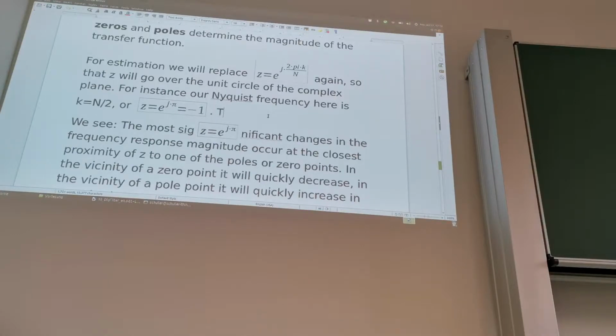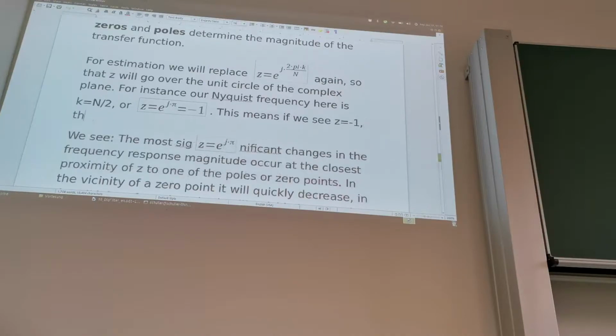This means if we see z equals minus 1, this means the Nyquist frequency. Does it help? Okay.